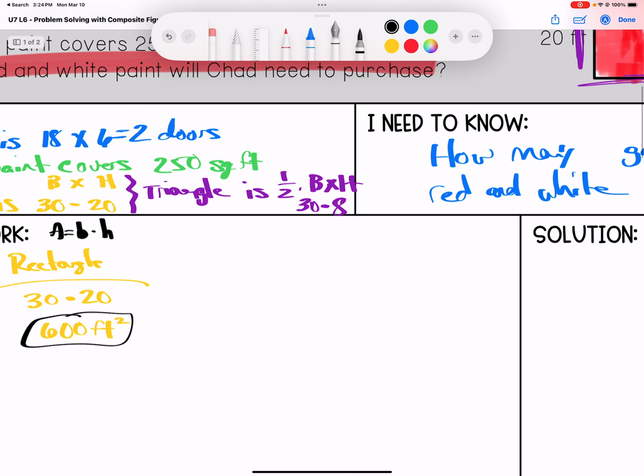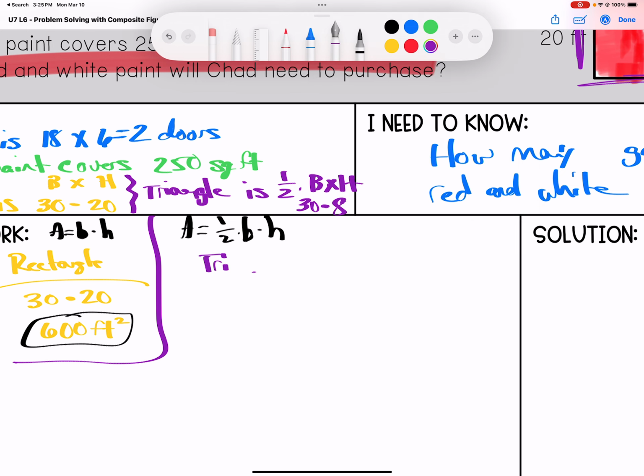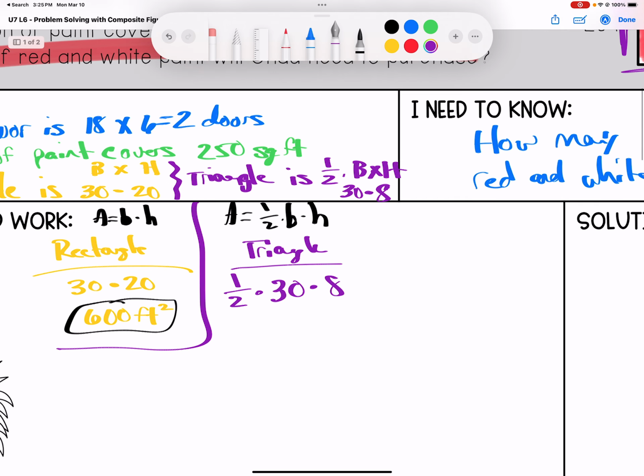All right, the triangle is area equals half times base times height. And that was half times 30 times 8. We've already figured that out up there in the I know section.